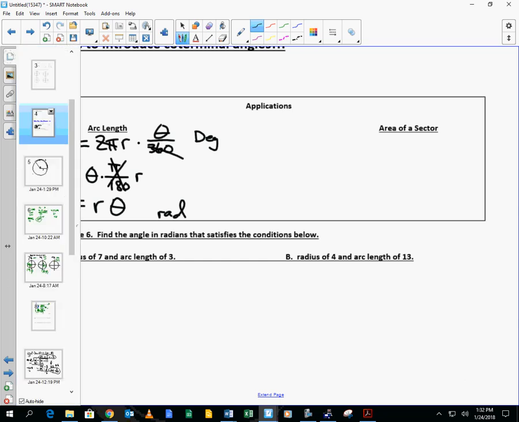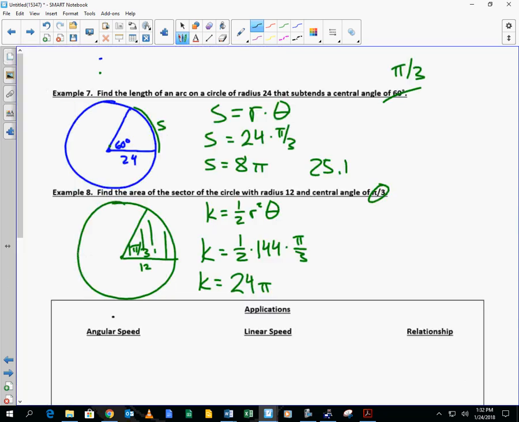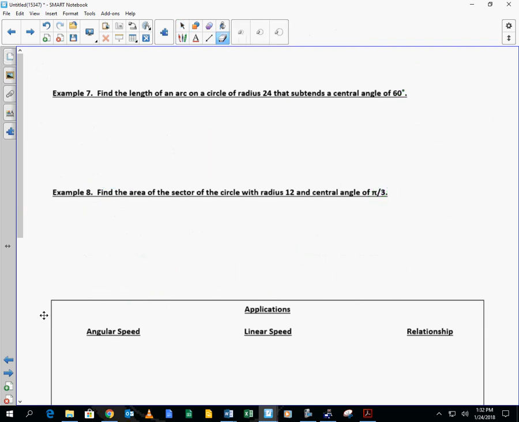So flip your notes over. We're going to do this problem right here. Example 7 says, find the length of an arc on a circle of radius 24 that subtends a central angle of 60 degrees. You don't like that word, subtends.